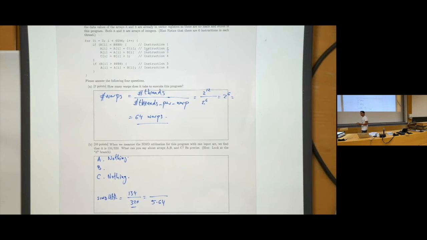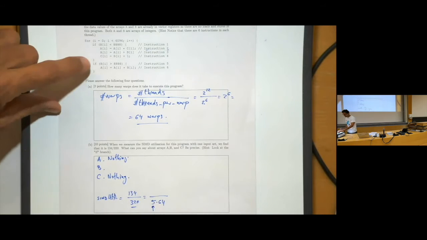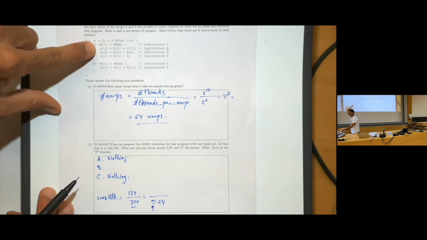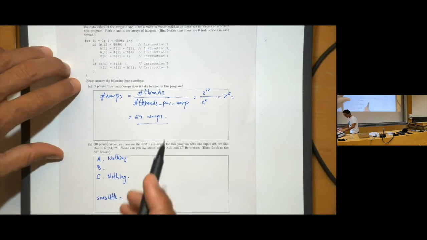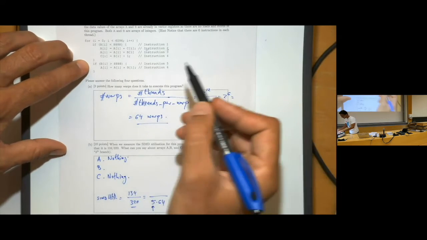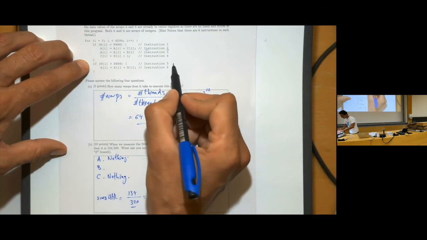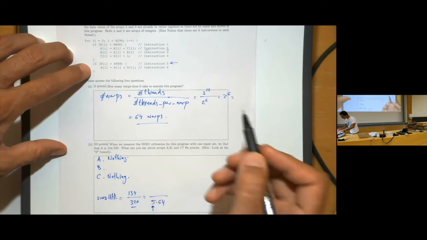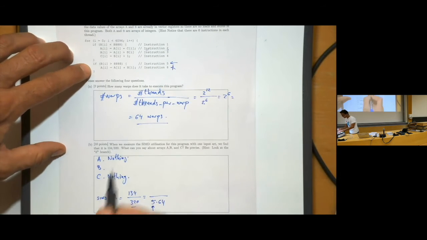I'm going to assume here as well that all warps are doing exactly the same. That's usually the normal thing in these kinds of exercises. And I know that 5 instructions are being executed in total. The only way to execute 5 instructions in this code is by having threads that go through the body of the first if statement, and then all the threads also execute instruction 5, and none of them execute instruction 6.